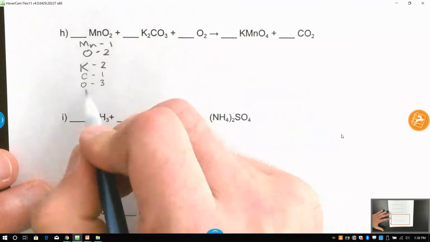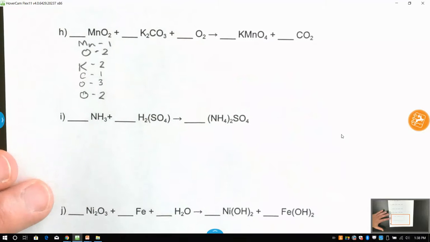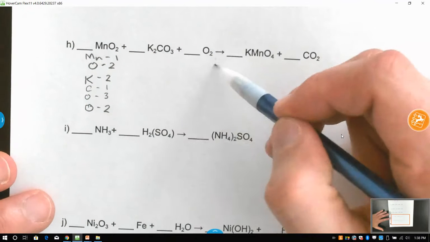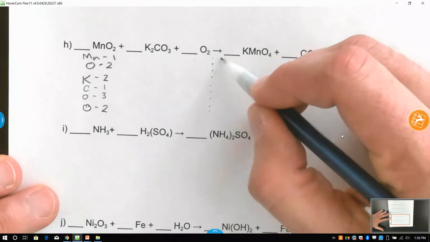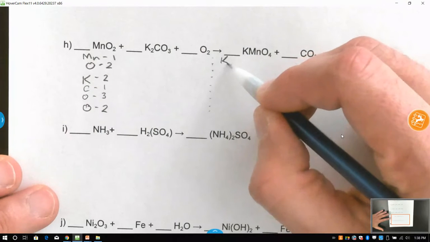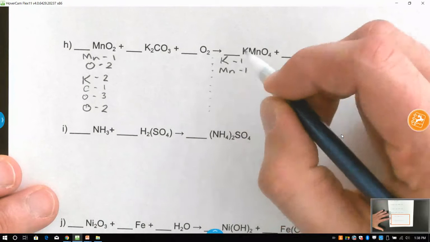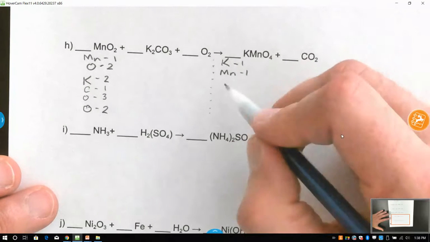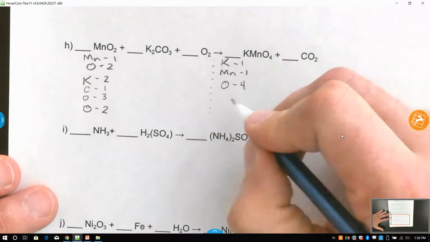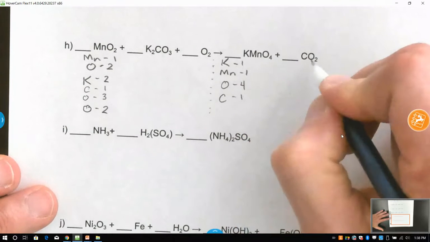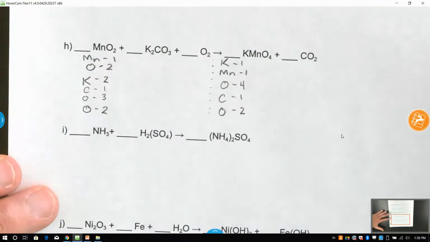And then this O2 by itself, so we have 2 oxygen. On the right side of the equation, or the arrow, we have 1 potassium, 1 manganese, 4 oxygen, 1 carbon, and 2 oxygen.